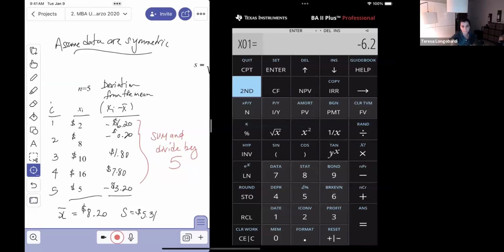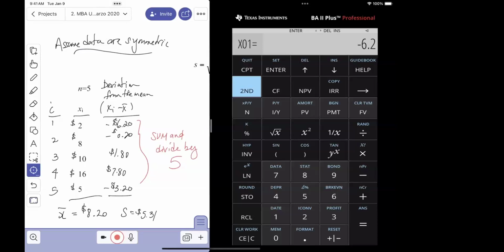Okay. I don't know if it's right, but it's 1.92. Not right. No? I keep going.